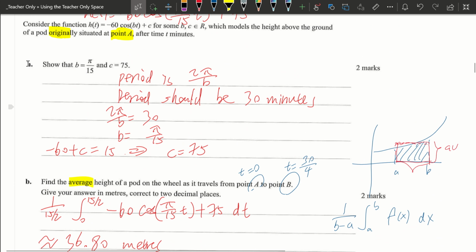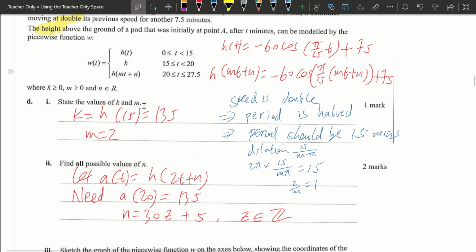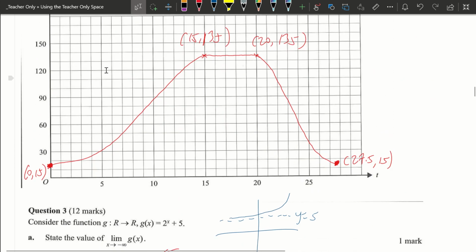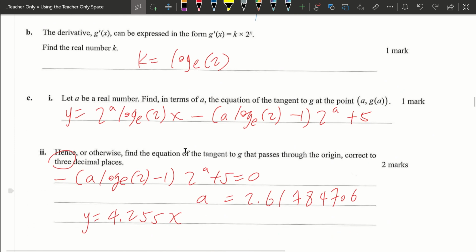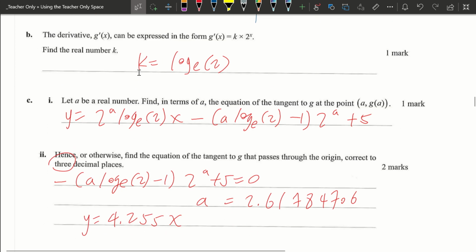Here, they've done the right thing, so show b and c is those values, and then even if you can't find b and c, you can still use them to do question b and question c. So maybe that's something that should occur throughout. If a subsequent question depends on the previous question, then the previous question should be a show question or a verify or somehow there's a hint given somewhere.